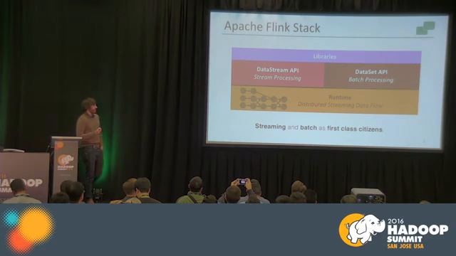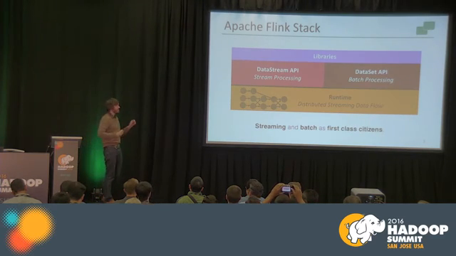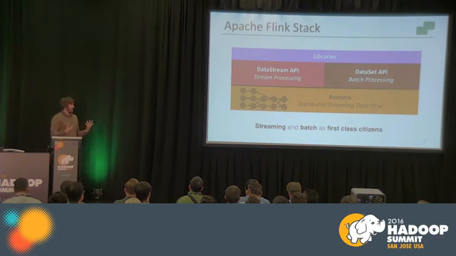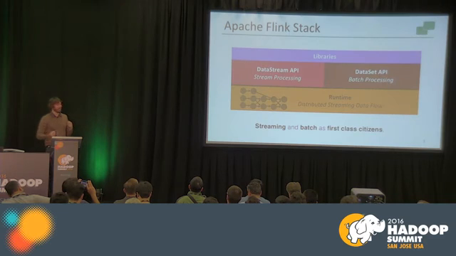So Apache Flink is a streaming data processing system. Actually, in its core, it's a distributed data flow engine, a fairly powerful and flexible one, on top of which it exposes 2 programming APIs, one for data stream processing, one for batch processing, data set processing.